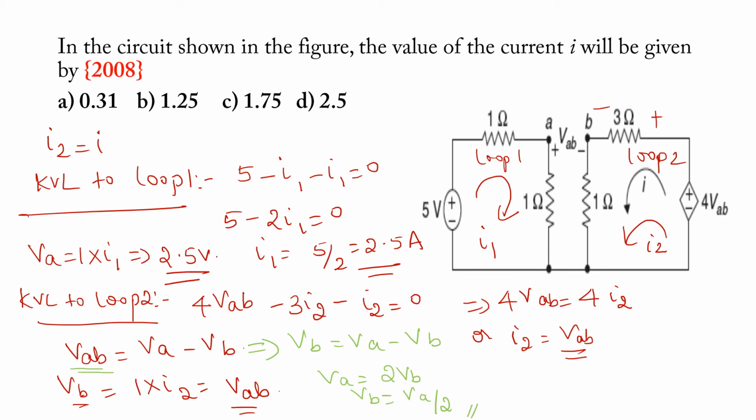So what is VA? VA is 2.5. So 2.5 by 2 is 1.25 volts. So VB is 1.25 volts. VB is nothing but equal to I2, so I2 will become 1.25 amps.